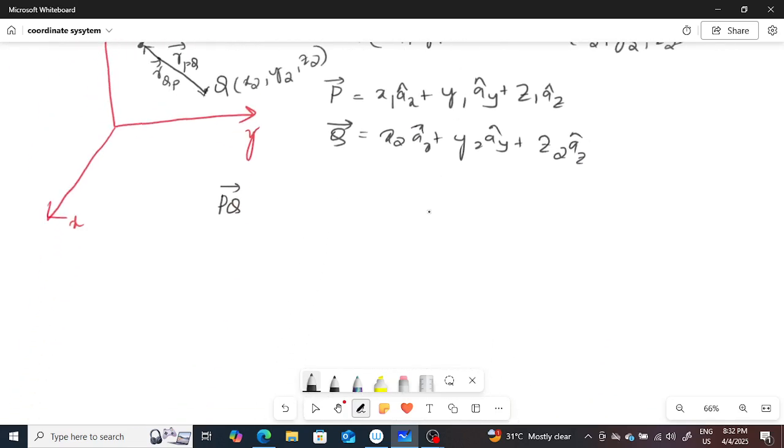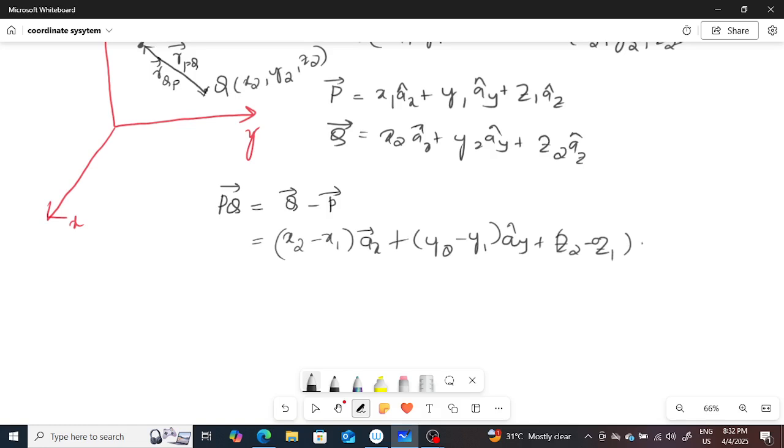Now I want to get vector PQ. How do I get it? That is vector Q minus vector P. So it is x2 minus x1 into ax plus y2 minus y1 into ay plus z2 minus z1 into az.